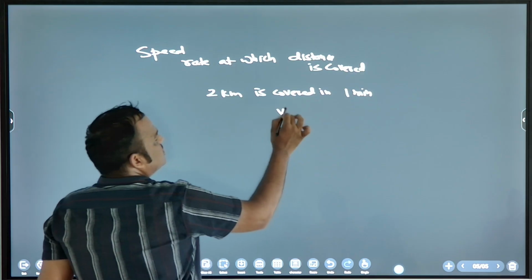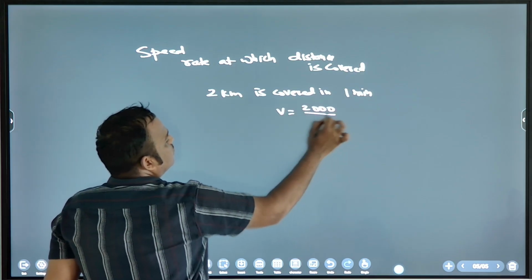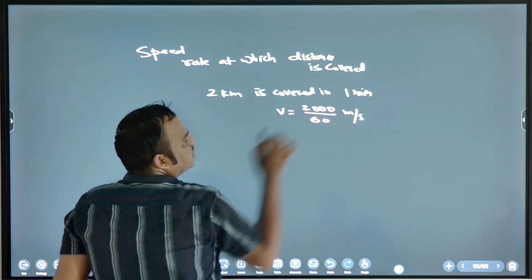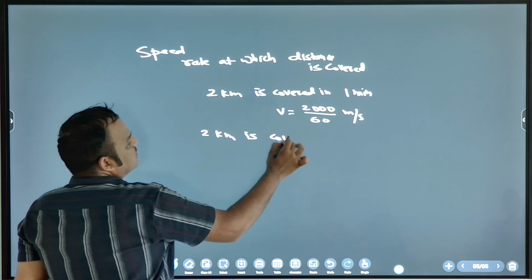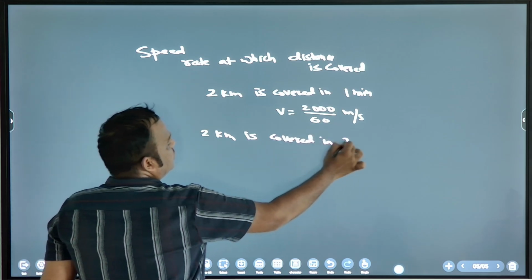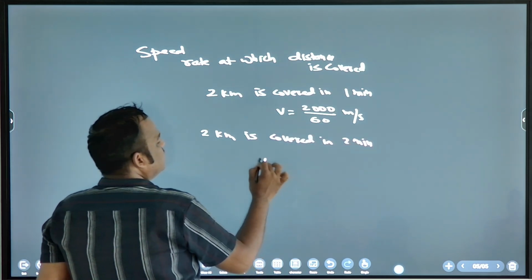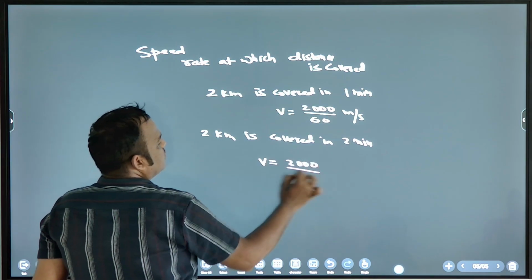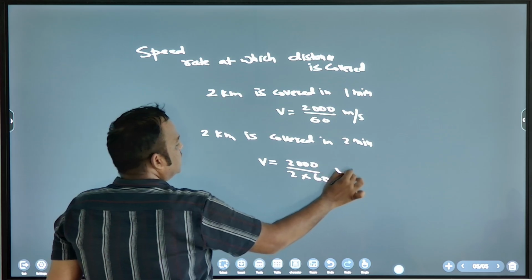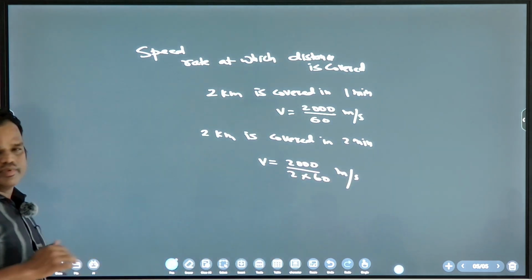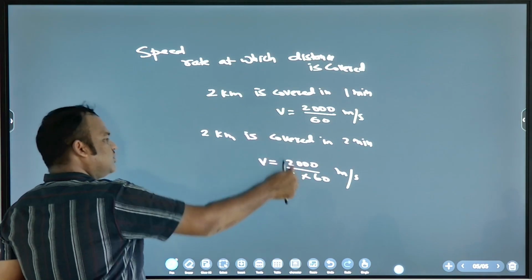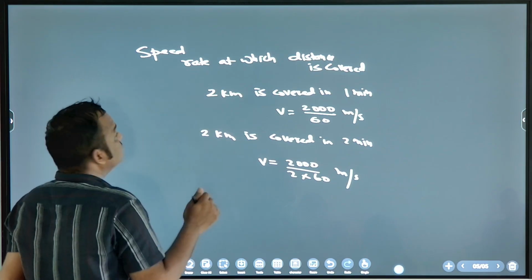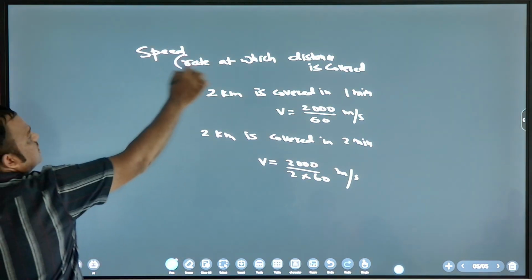So what is the speed? 2000 by 60 meter per second. Correct. If 2 kilometer is covered in 2 minutes, what is the speed? 2000 by 2 into 60 meter per second. If more distance is covered in the same time, speed is more. That is speed, it is a rate.